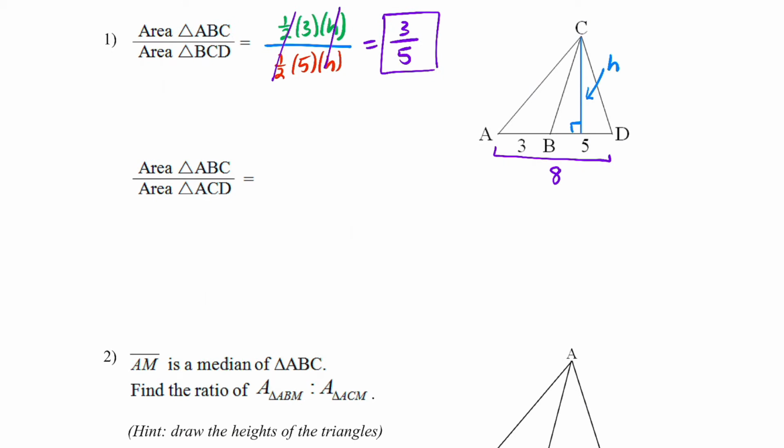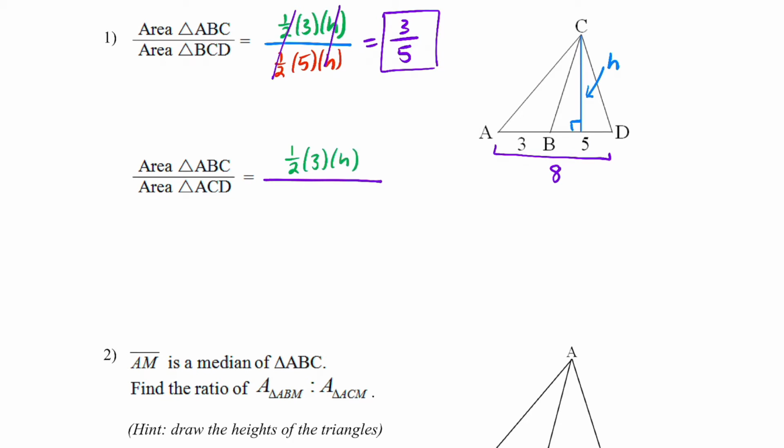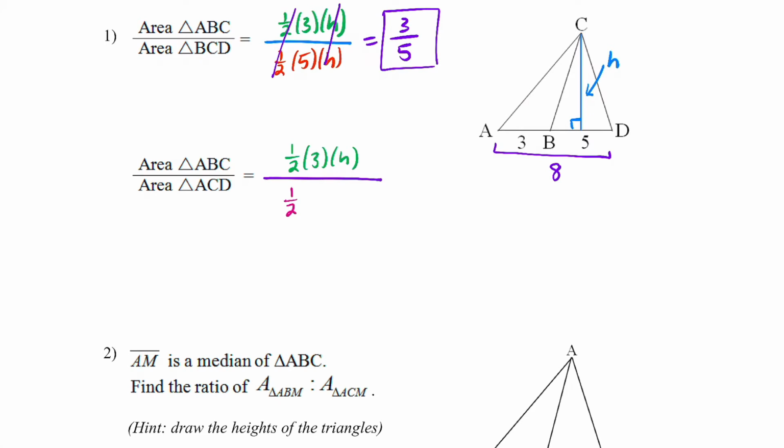Now that we know that the base of the largest triangle is 8, we can set up a ratio: ABC is 1/2 the base of 3 times h, and our largest triangle is 1/2 a base of 8 times our height h.